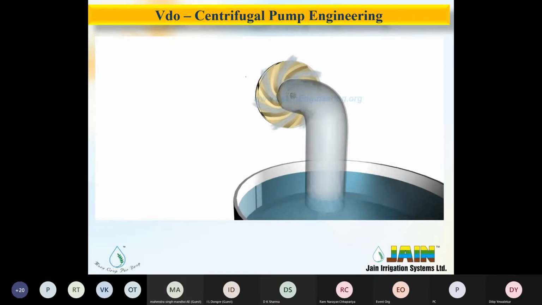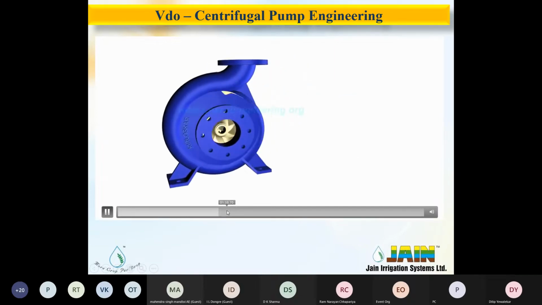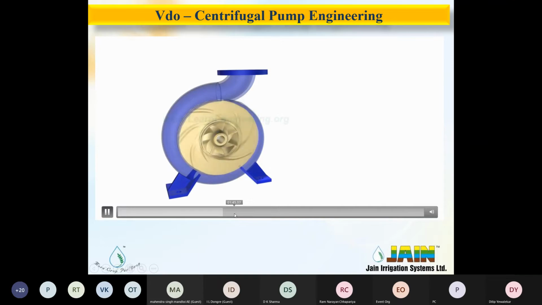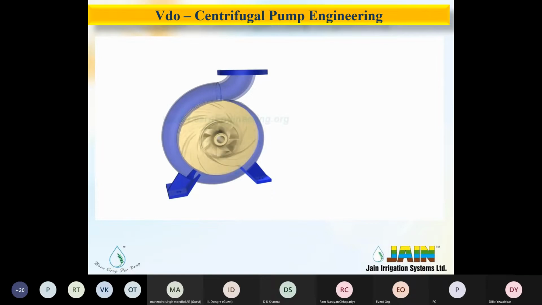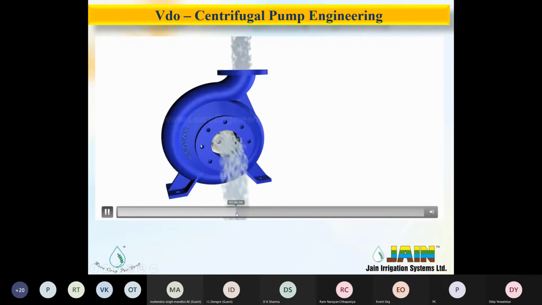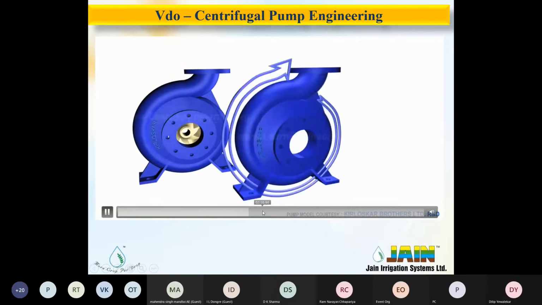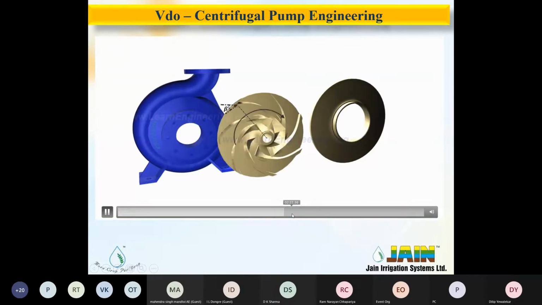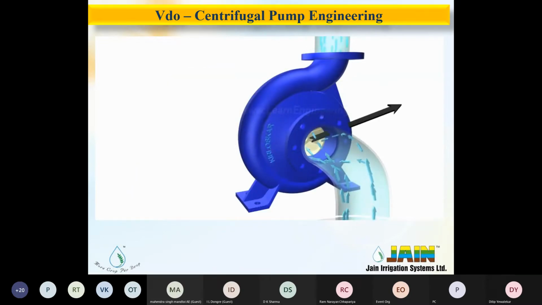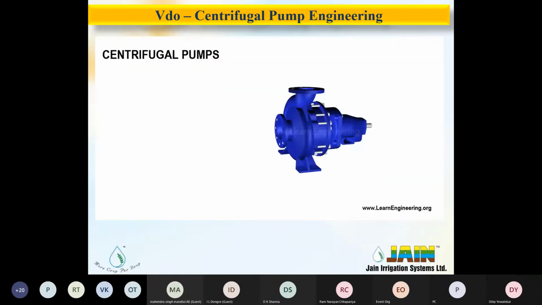The suction is done as the impeller rotates. So this is a video.